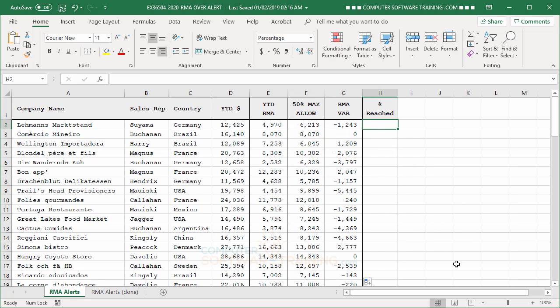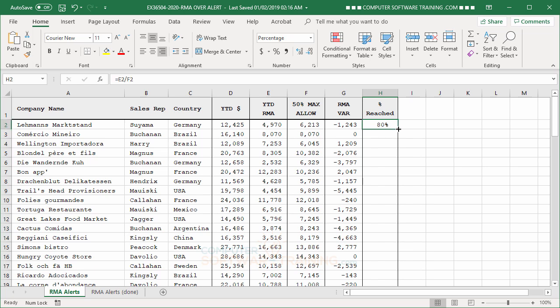Now for this last one, we're going to take what's in E2, their year-to-date returns so far, divided by, so we put our right slash in there, their allowance. By doing that, we're going to see how far they've come to reaching 100%. 100% would mean they have hit their maximum.